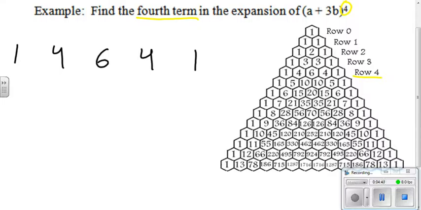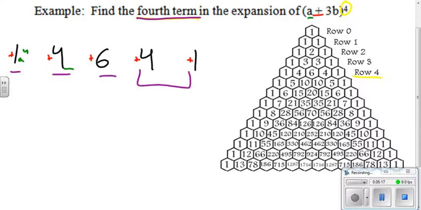We set it up again the same, check for our sign. Everything is going to be plus. And then we look at our first term, a, and we start at the top, say a to the fourth. This one would be a to the third, but I don't even really need to write it in because we're not looking at that one. In the end, we're only going to be looking for the fourth term, 1, 2, 3.